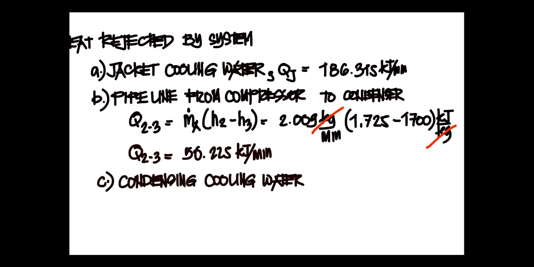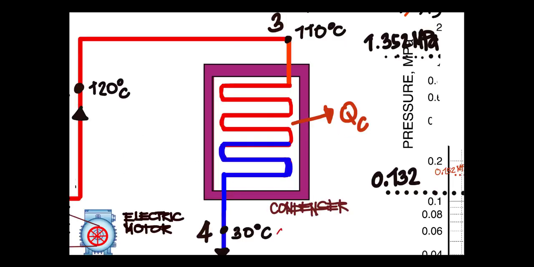So next, let's go to the condensing cooling water. Condensing cooling water is the heat that is being rejected by our condenser. That is the circulated water that is going to extract the heat from the condenser from 3 to 4.